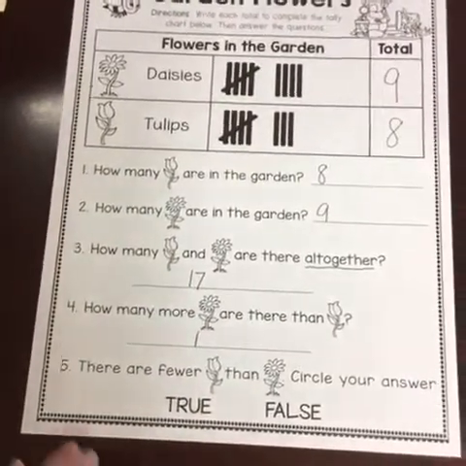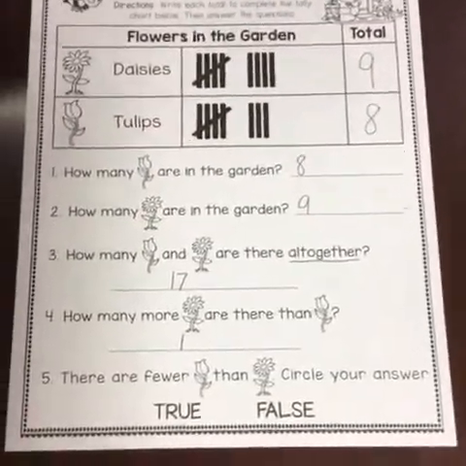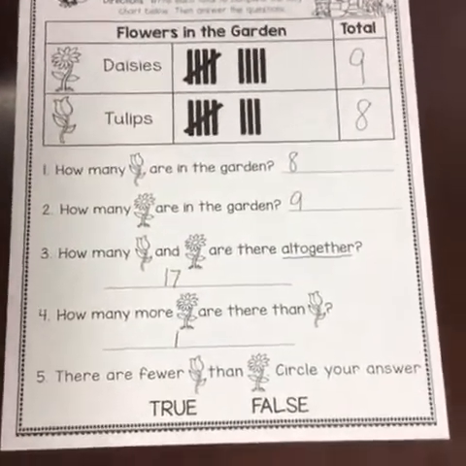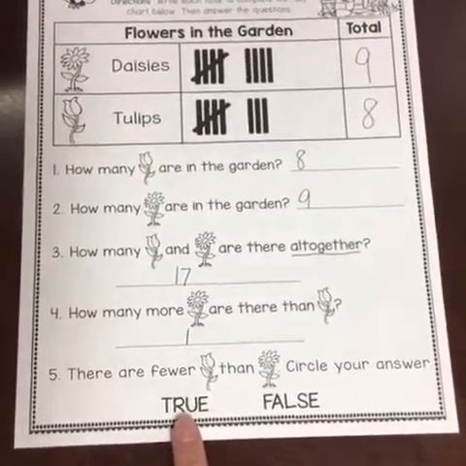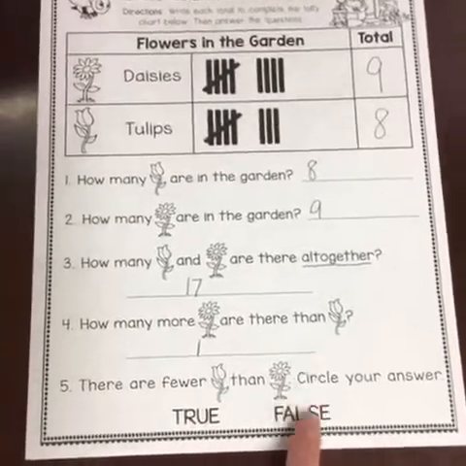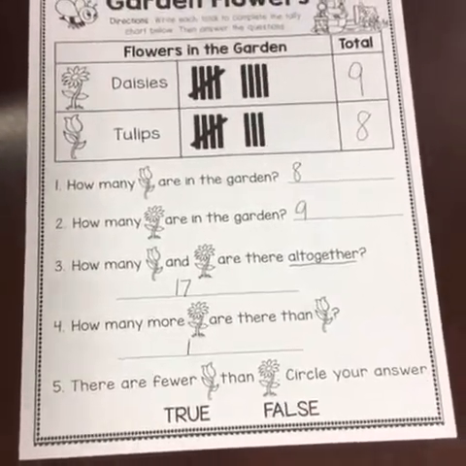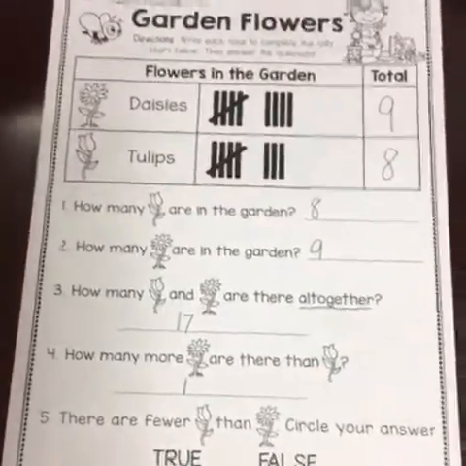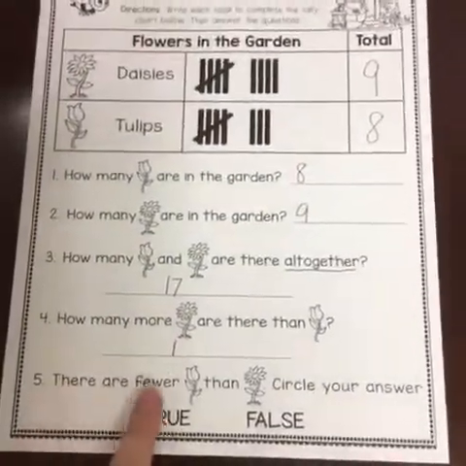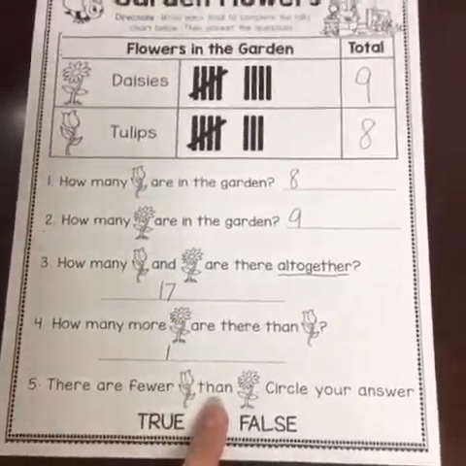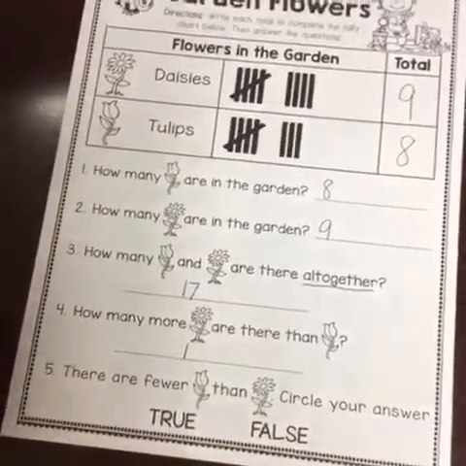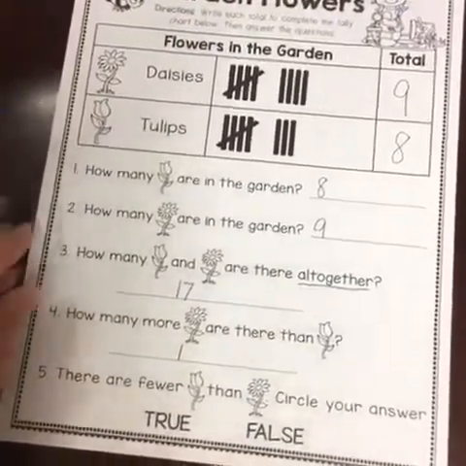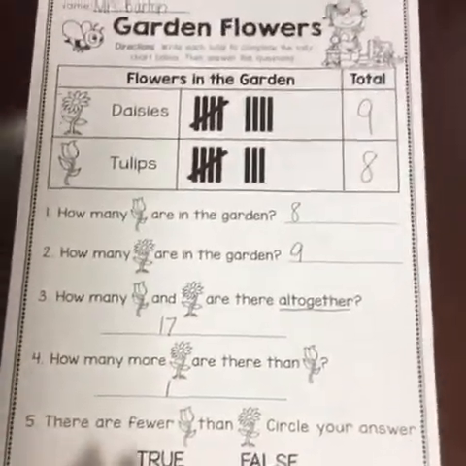Very good. So now, boys and girls, it's asking us a true or false question. We've talked about true or false. True means that we can prove it, right? And false means that it's not true. Okay, it's fake. So it says, there are fewer tulips than daisies. Circle your answer. What does fewer mean, boys and girls?